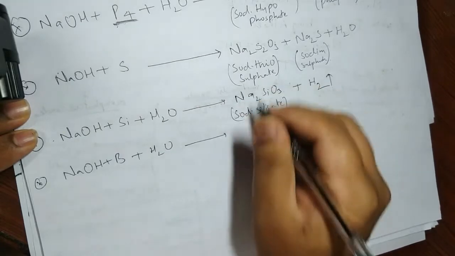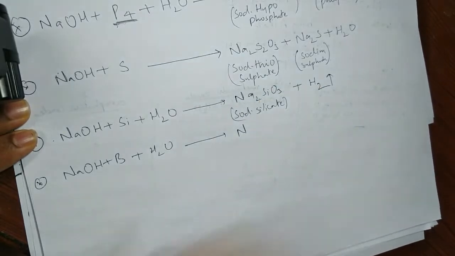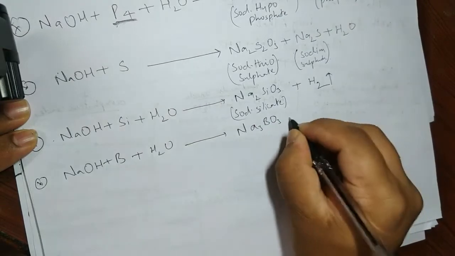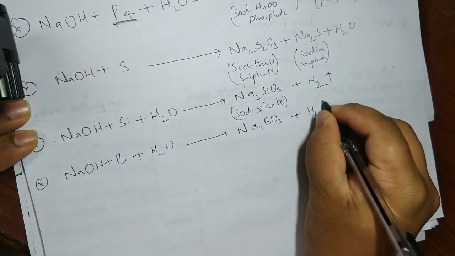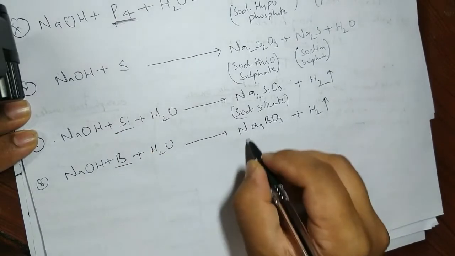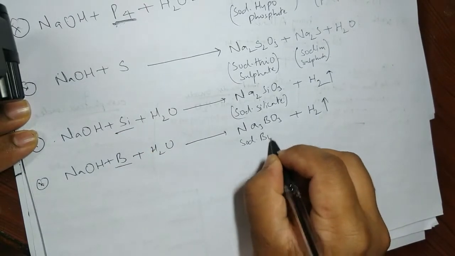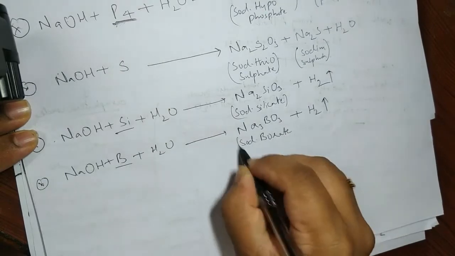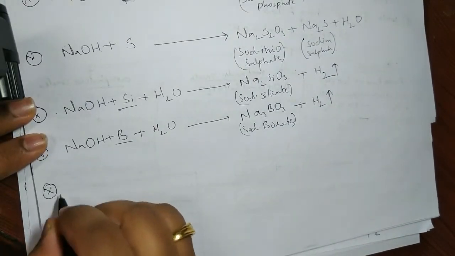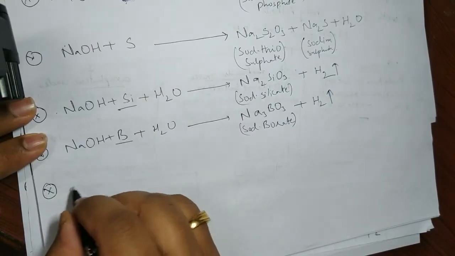Whatever the silicate formed, it will be forming borate, Na3BO3 plus hydrogen gas. Both are diagonally related. Okay, sodium borate. Fine. Then reaction with metals.